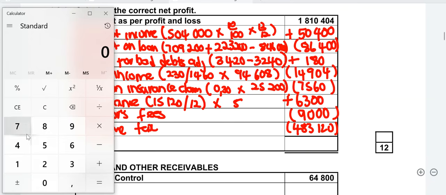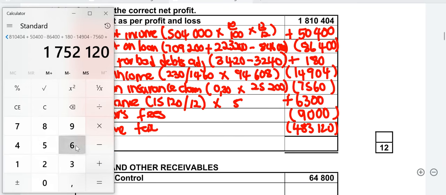So we're going to say 1,810,404, and where there's an addition we add, so plus 50,400, and then we subtract 86,400 for the interest on loan, and then we add 180, and then minus 14,904, and then we also subtract 7,560.